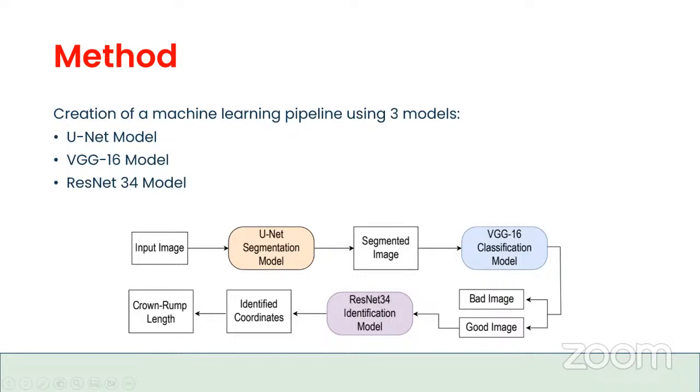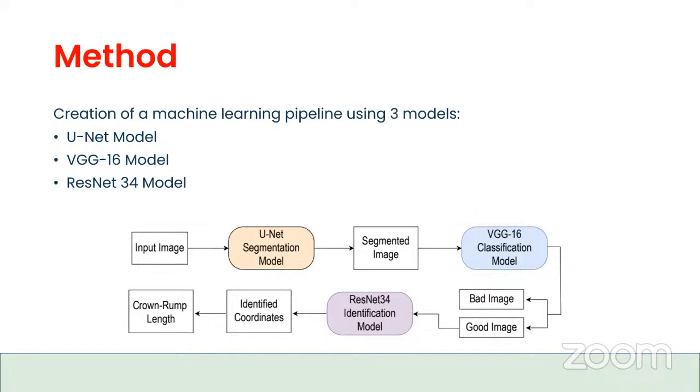A machine learning pipeline was developed using 3 different models, and this can be shown a bit more clearly on the flowchart here. A U-Net model was used to segment the fetus away from the background of the ultrasound images. The pipeline starts with the inputted image being passed through the U-Net model. The U-Net model will then produce a segmented fetus, which is then passed through a VGG16 classifier that has been hypertuned to improve accuracy.